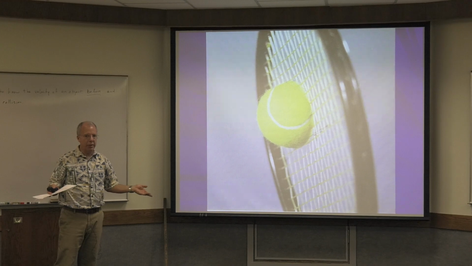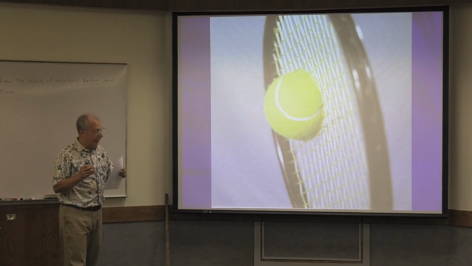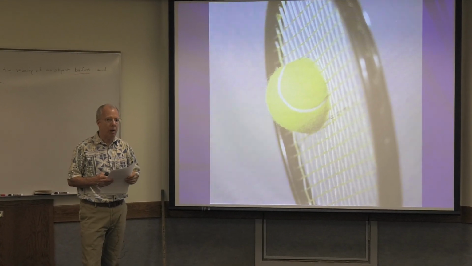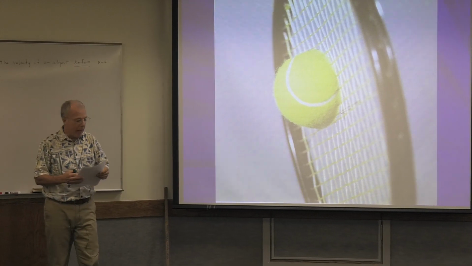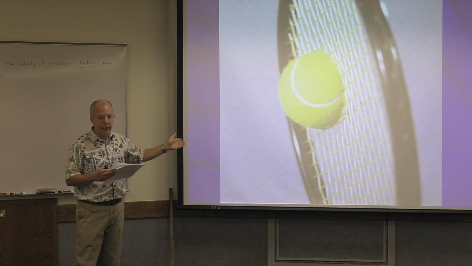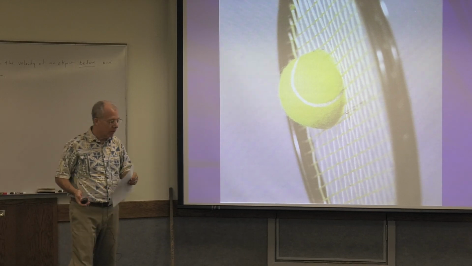Well, that's sort of obvious, because the racket exerted a force on it. Is the force that the racket exerts on the tennis ball constant? Certainly not. How long do the racket and ball interact? Is it instantaneous? Certainly not.